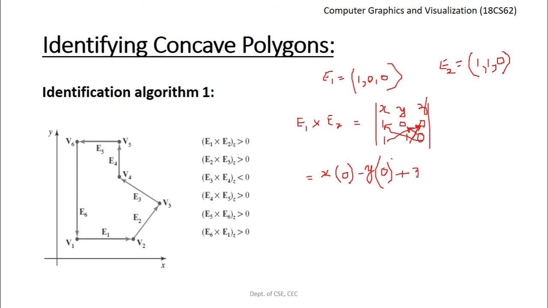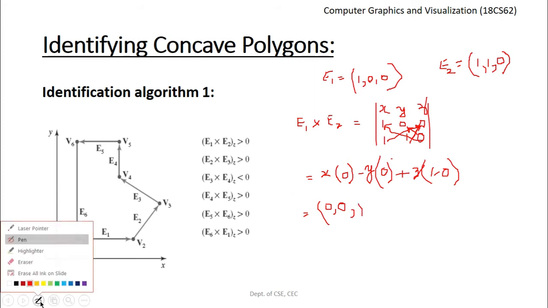So z into 1 minus 0, so that will be 1. So E1 cross E2 will yield you the value. How can you write it? The x component is 0, y component is 0, z component is 1, positive 1, okay? Z component will be positive 1.